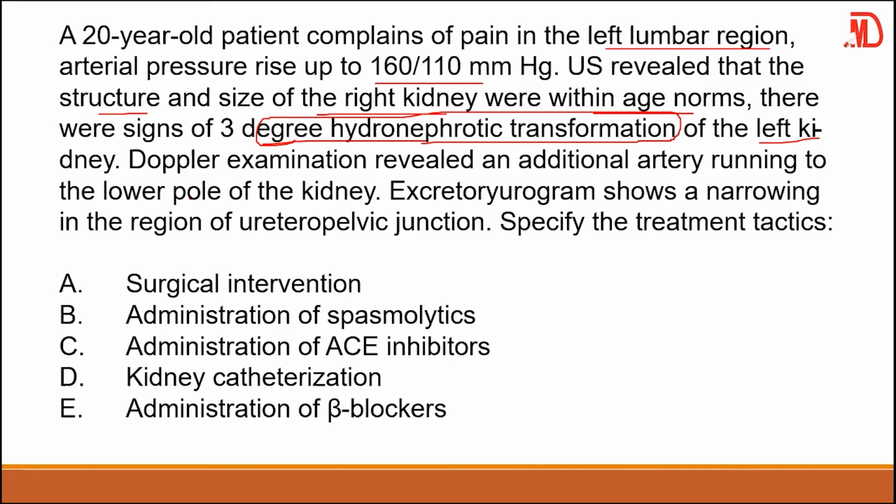Water. Doppler examination revealed an additional artery that is running to the lower pole of the kidney. Excretory urogram shows a narrowing in the region of the ureteropelvic junction. Someone was asking me today, what is an excretory urogram?